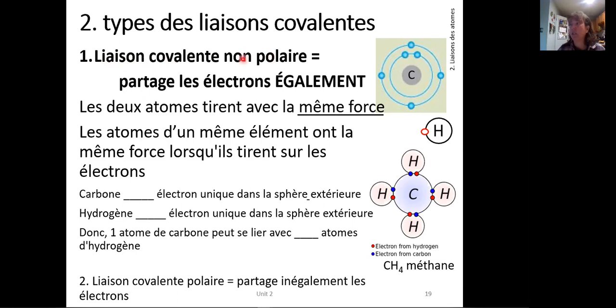We'll talk about the non-polar covalent bond. They share electrons equally. Both atoms will be pulling with the same strength. Atoms of the same element have the same strength when they are pulling on their electrons.